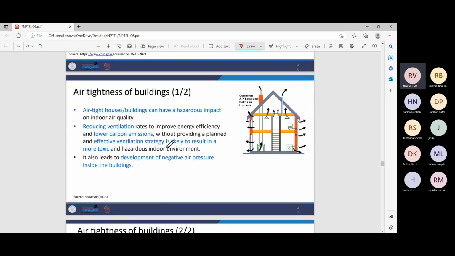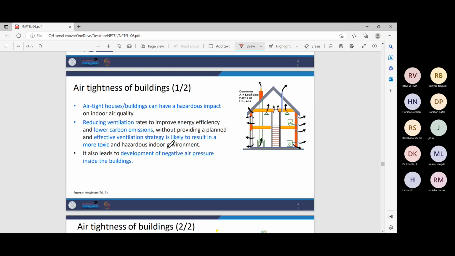So first is the air tightness of buildings. Basically, airtight houses or buildings can have a hazardous impact on the indoor air quality, because if we have any potential sources of pollution inside our buildings and they are airtight, then, see, if there's no leakage, like if this wall is such that there will be no leakage of the air, then if we have some potential source of pollution P, it will tend to increase its level.